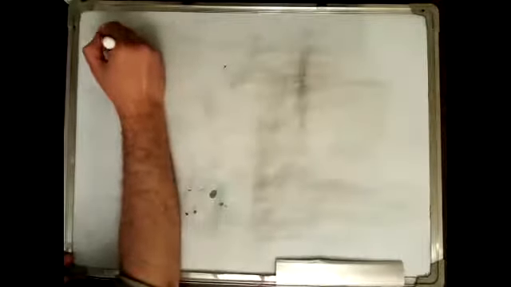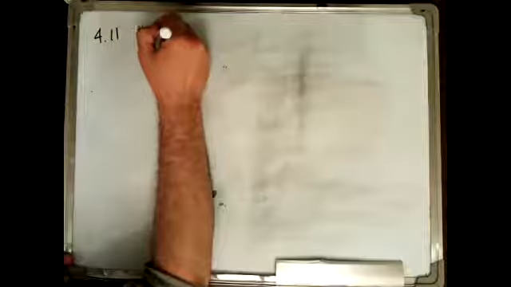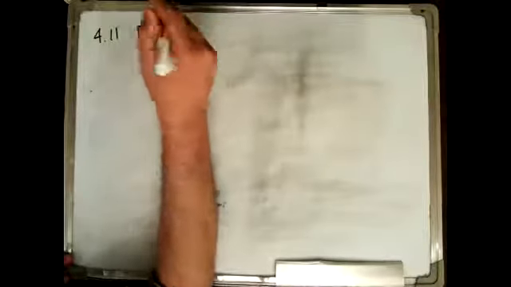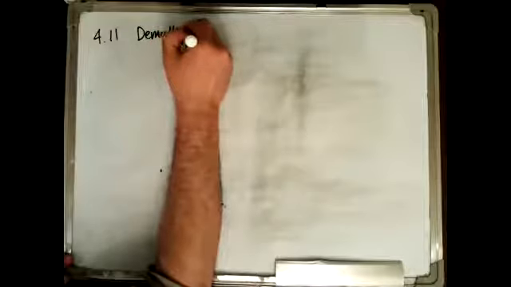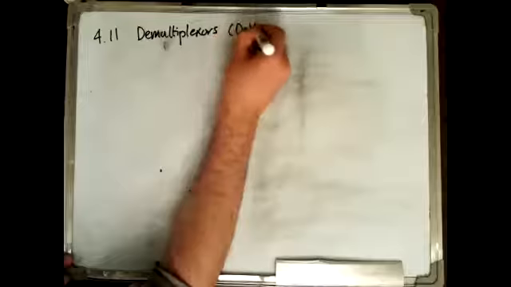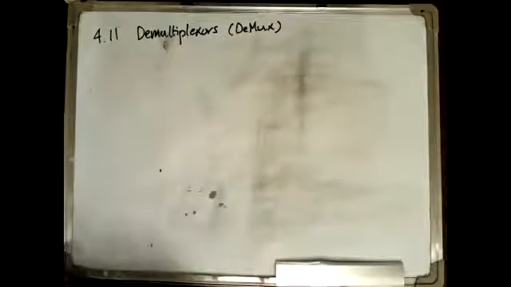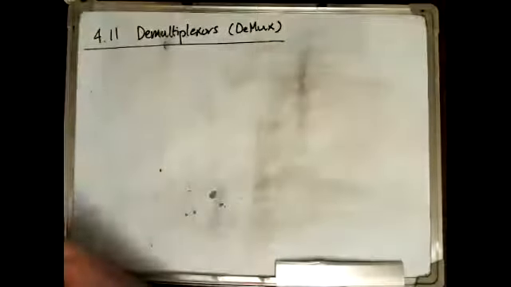Okay, let's try to finish the last thing in chapter 4, which is basically the demultiplexers, or Dmux. So this is the last example that we want to consider regarding the functional blocks.